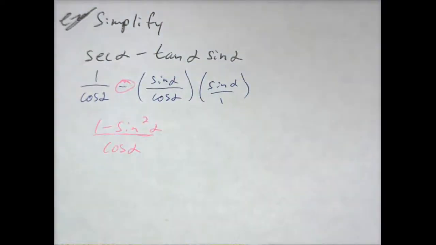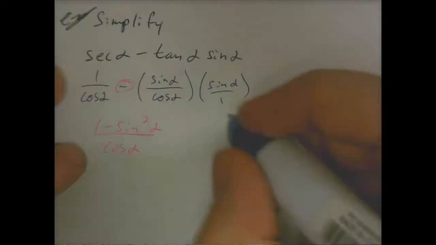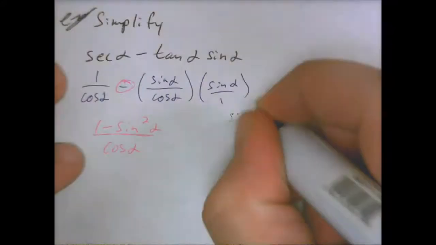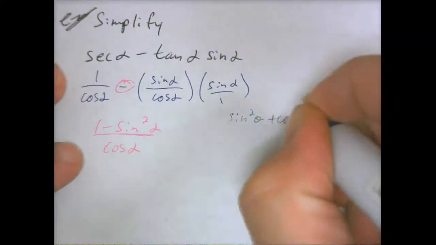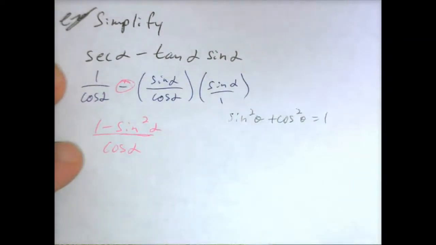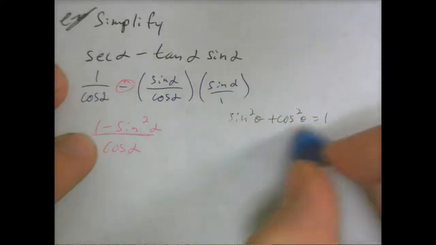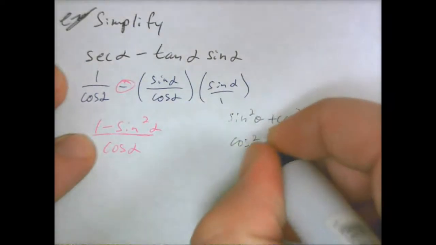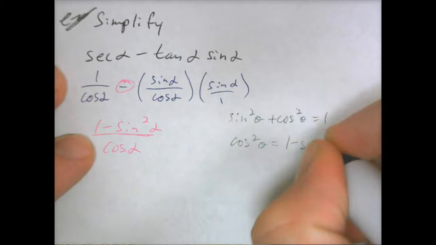Okay, well notice that's really close to your Pythagorean identity. Your Pythagorean identity is sine squared plus cosine squared equals 1. So if I subtract sine squared to the other side, then I have cosine squared equals 1 minus sine squared.